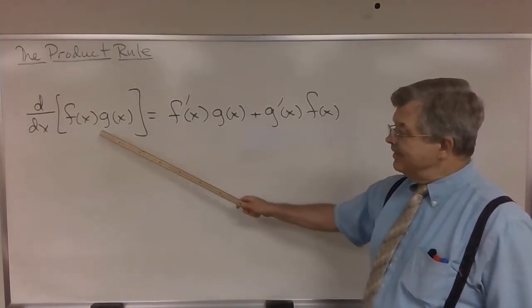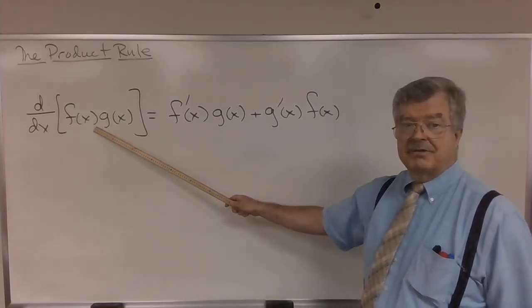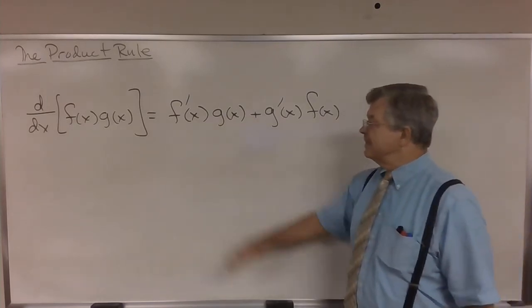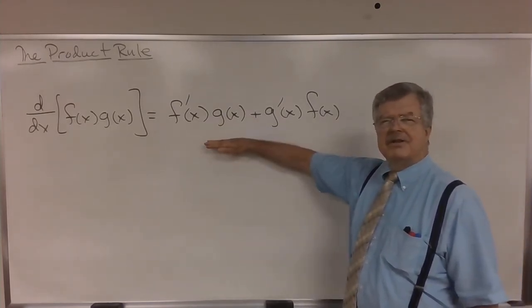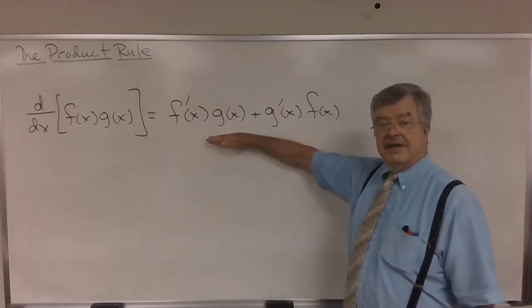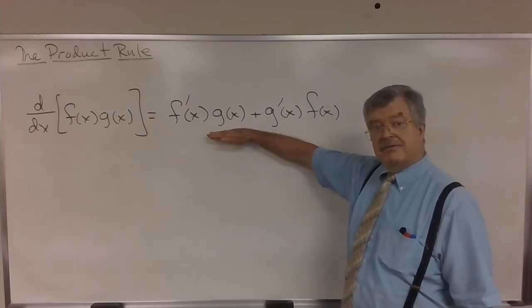Everybody, this is how we compute the derivative of the product of two functions. And I'll tell you what, this is not at all intuitive. I would never in a million years guess that this is what the derivative of the product of two functions looks like.